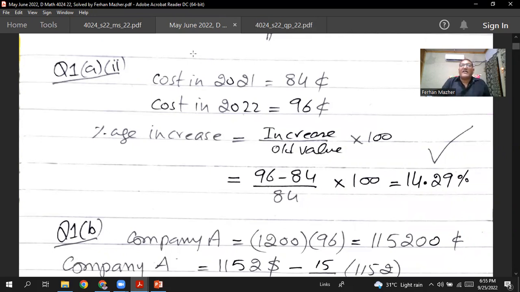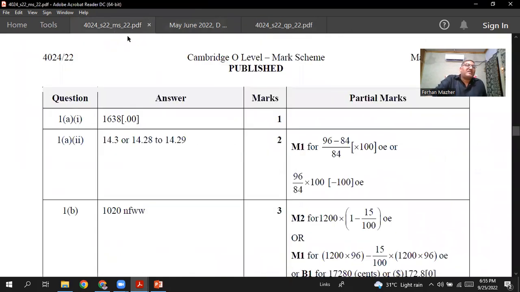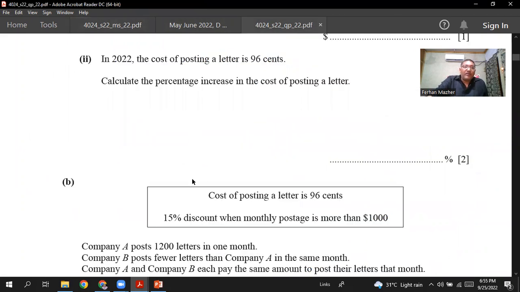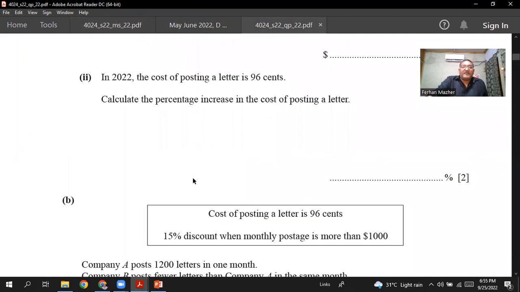In your calculator, you will write 96 minus 84, equals, divided by 84, multiply 100, and you get 14.29%. So that's the percentage increase, 14.29%. So our answer is right. Okay, the B part.